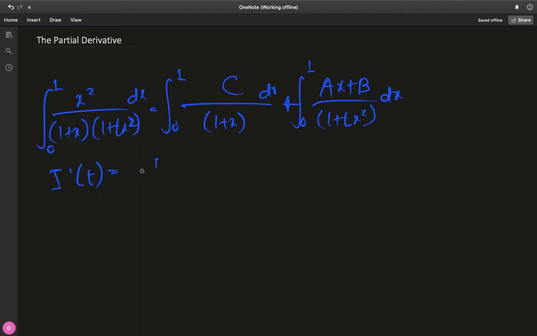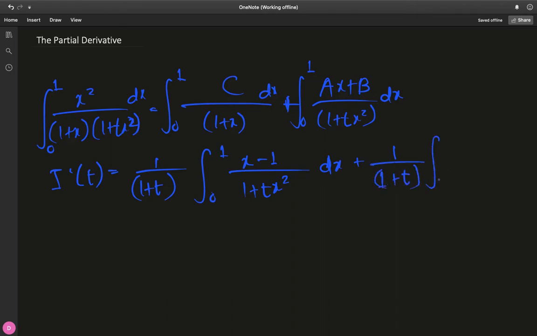Let's factor out the 1 over 1 plus t, and we just have the integral from 0 to 1 of x minus 1 divided by 1 plus t x squared dx, and c is again 1 over 1 plus t times the integral from 0 to 1 of 1 over 1 plus x dx.